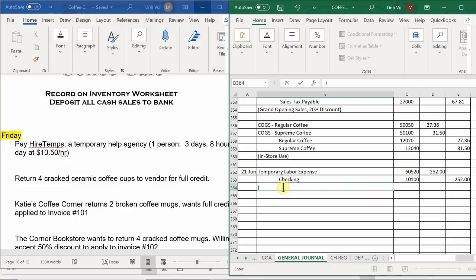So for the description, we can put in Hire Temps, check number 1520.